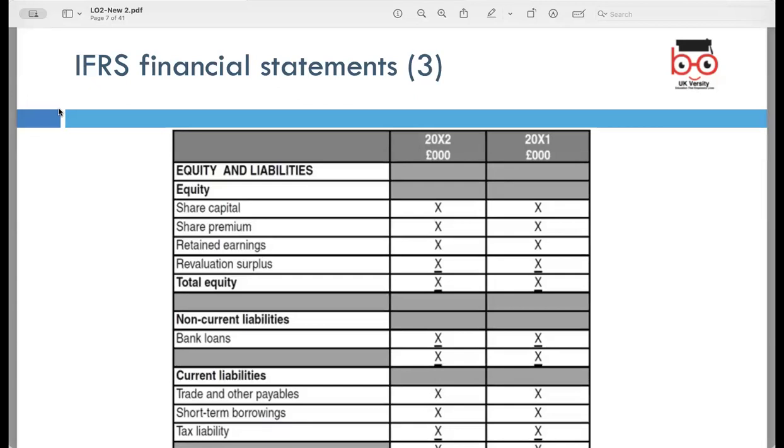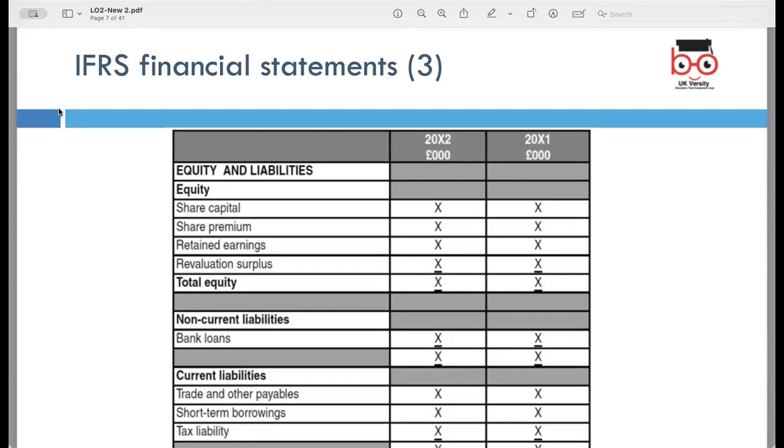Equity includes items like share capital, the money invested by shareholders; share premium; retained earnings, accumulated profits not distributed as dividends; and revaluation surplus, increase in asset values recognized in the accounts.